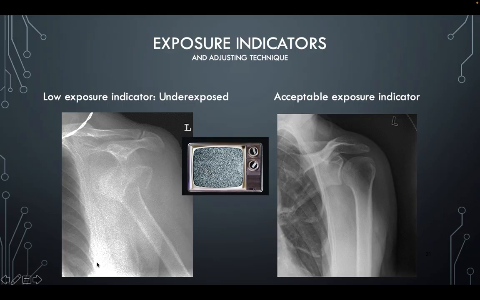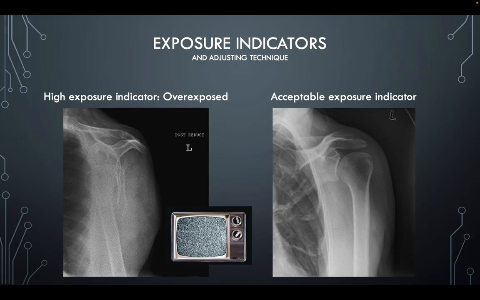This is super bright down here. I have an artifact with the patient's necklace. So that's underexposure versus an acceptable exposure. And then I have an indicator number that represents a good exposure. Notice that I can see the joint space. I can see the humeral head. The artifact is gone. Yay!